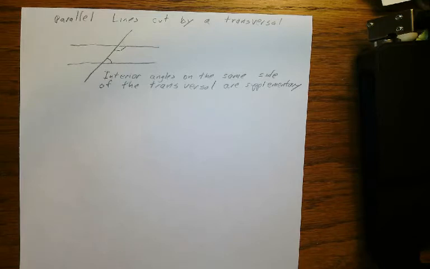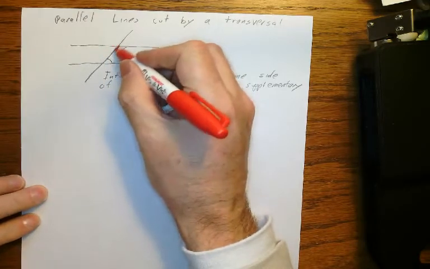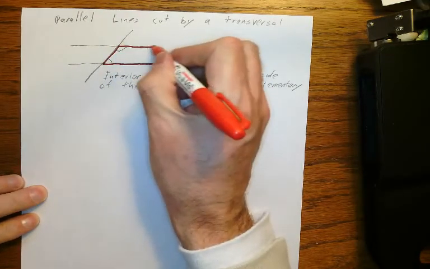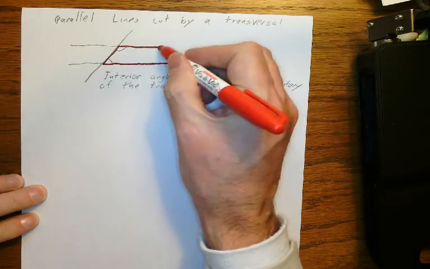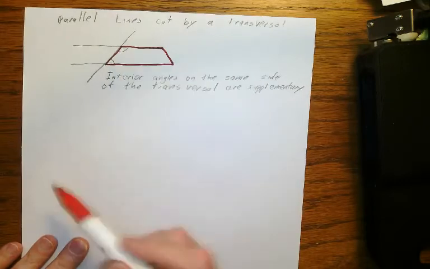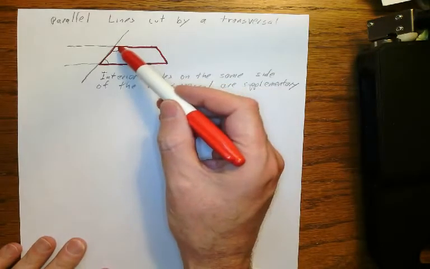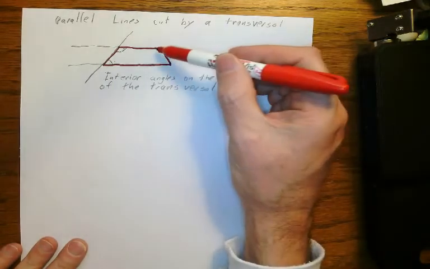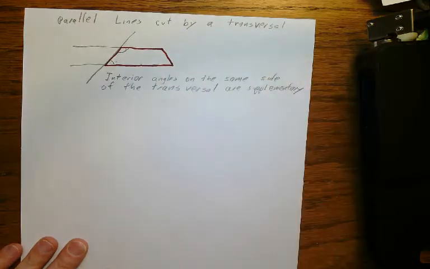So we're going to take this diagram and transfer it over to the trapezoid. Because what we end up getting here is a trapezoid, or at least one end of the trapezoid. So on a trapezoid, these two angles here along the legs are supplementary. They add up to 180. Also, these two over here would add up to 180.